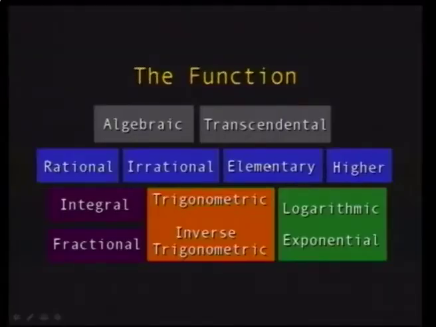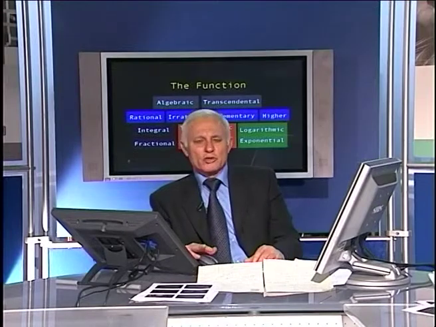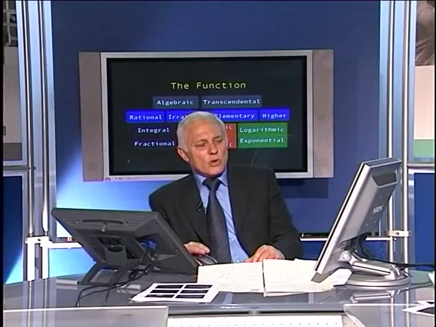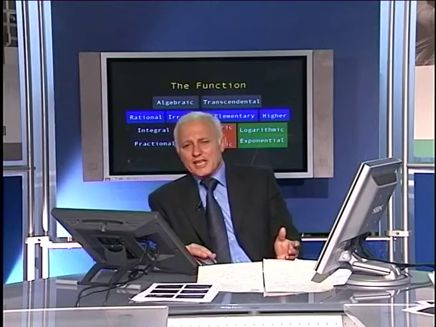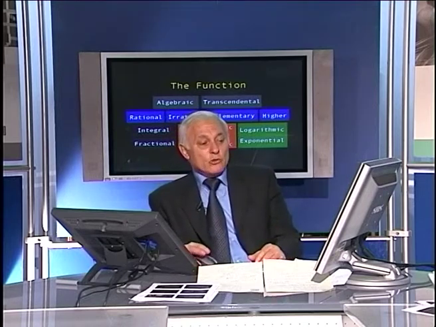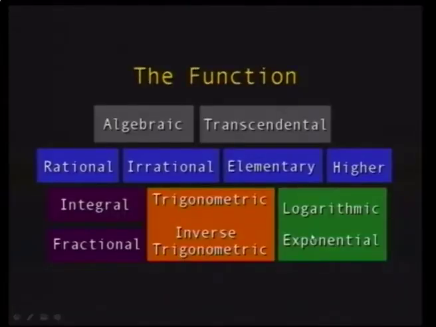In our course we shall be restricted to a class of elementary transcendental functions like the trigonometric ones, like sine, cosine, cotangent, tangent, etc., as well as the inverse trigonometric functions, like the inverse of the sine function and cosine function. And we also have these two functions that we encounter a lot in economics, the logarithmic functions and the exponential functions.